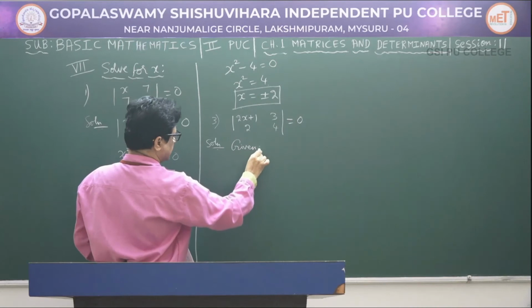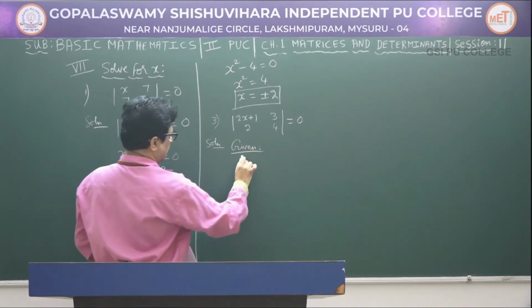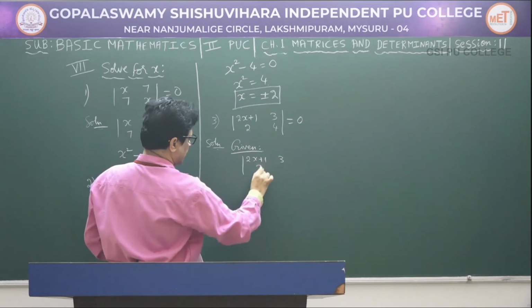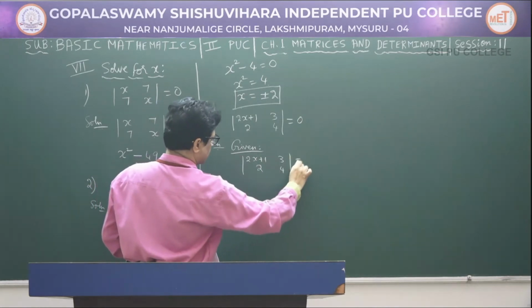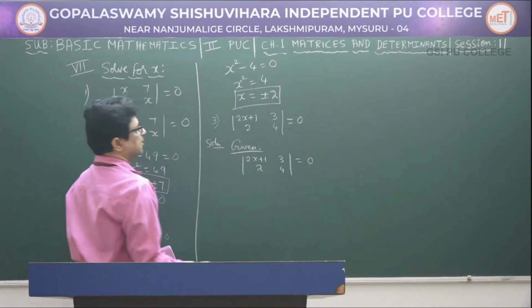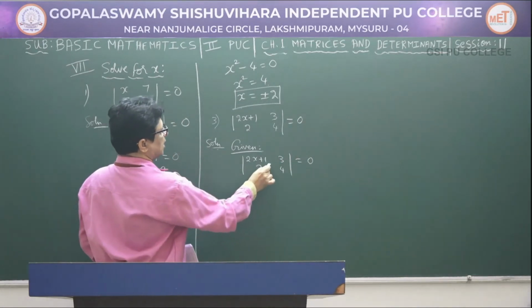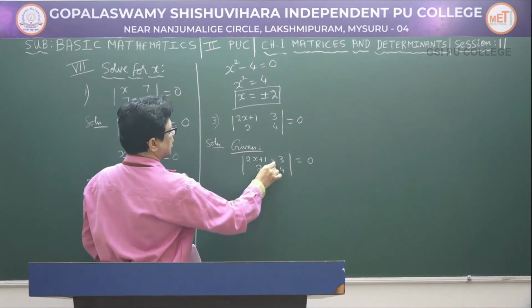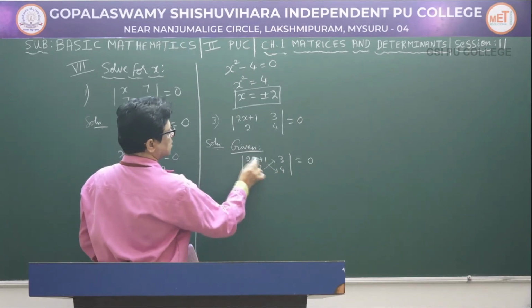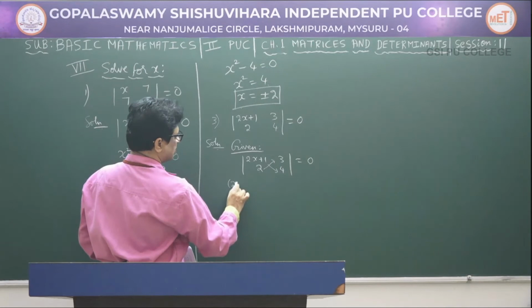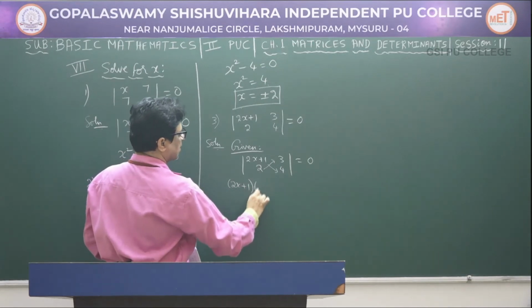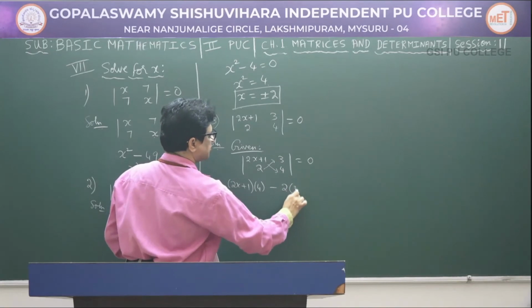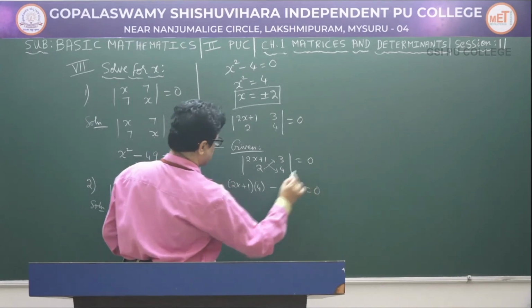The rule is the product of the principal diagonal minus the product of the other diagonal, that is 2x plus 1 into 4 minus 2 into 3 equals 0.